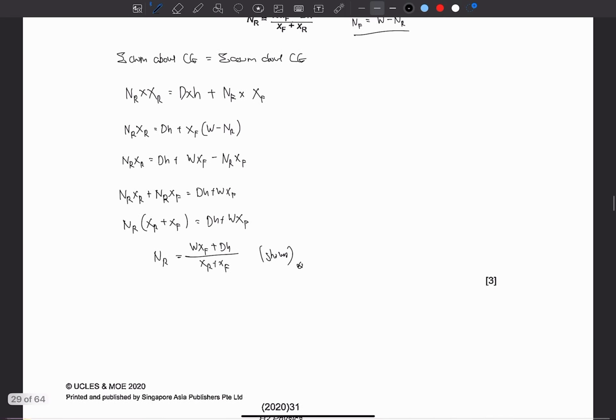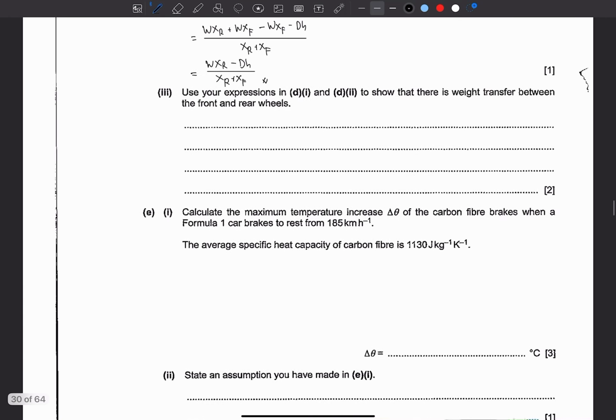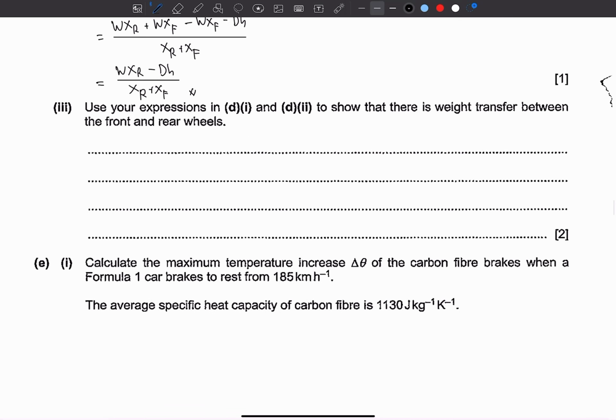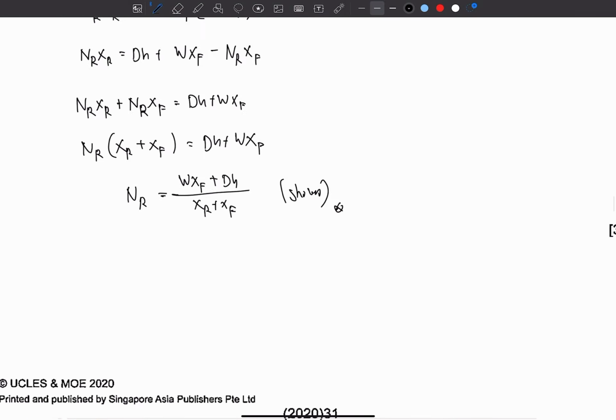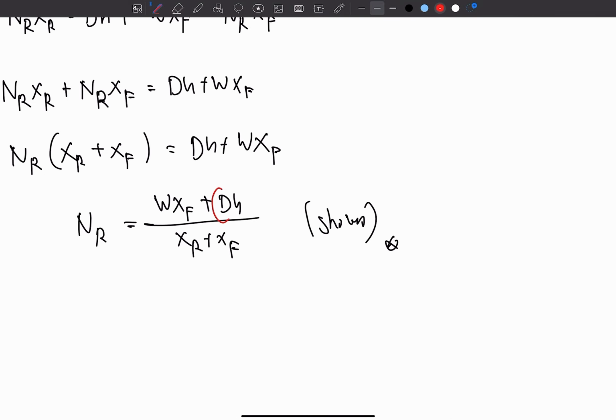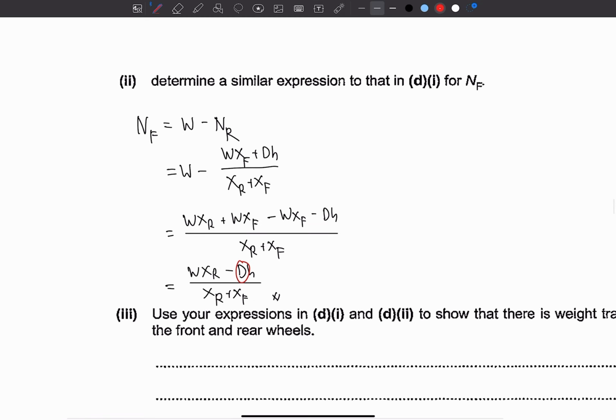So, you have to show that when the car accelerates, there is a weight transfer, right? So before the car accelerates, there's actually no driving force. So when there's no driving force, the D here disappears. Same with this, the D here disappears.